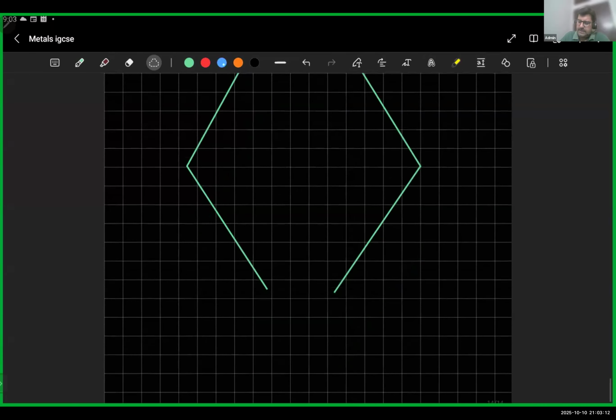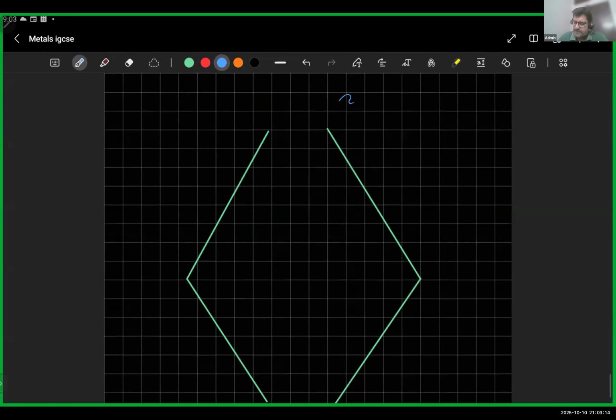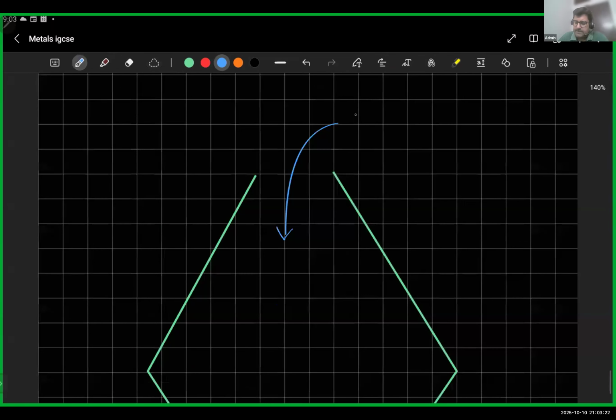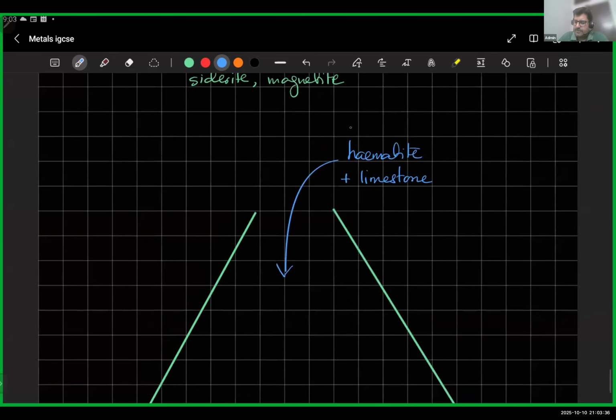There are three raw materials added from the top. The rocks are added, which is hematite, plus limestone is added. And there's another thing that's thrown from the top, and that's coke.